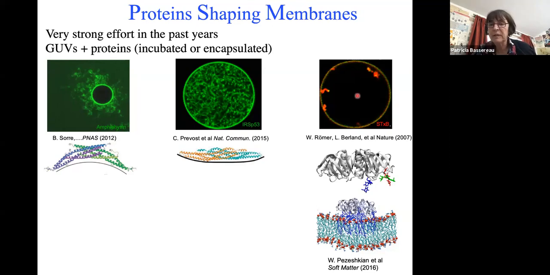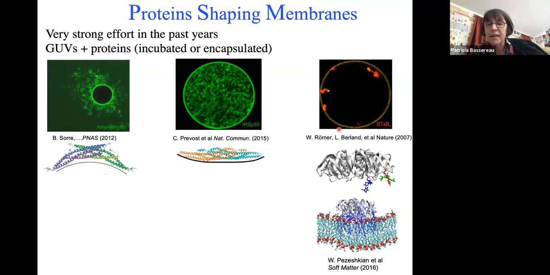And something also which is related more to cell-pathogen interaction. This is a case where we have a toxin interacting with a membrane. This toxin is called Shiga toxin, a toxin which is normally secreted by Shigella.